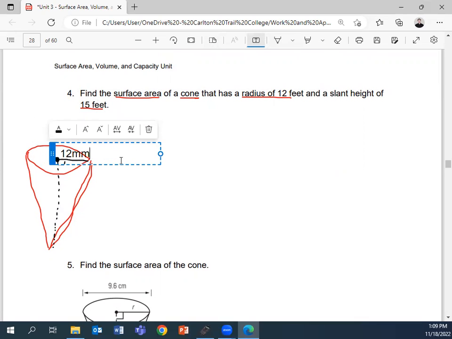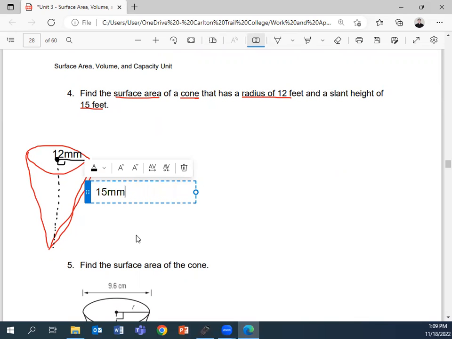So 12 feet, right? And then where do I put the 15, Hannah? The slant side. It's the side one, right? 15 feet, not millimeters.